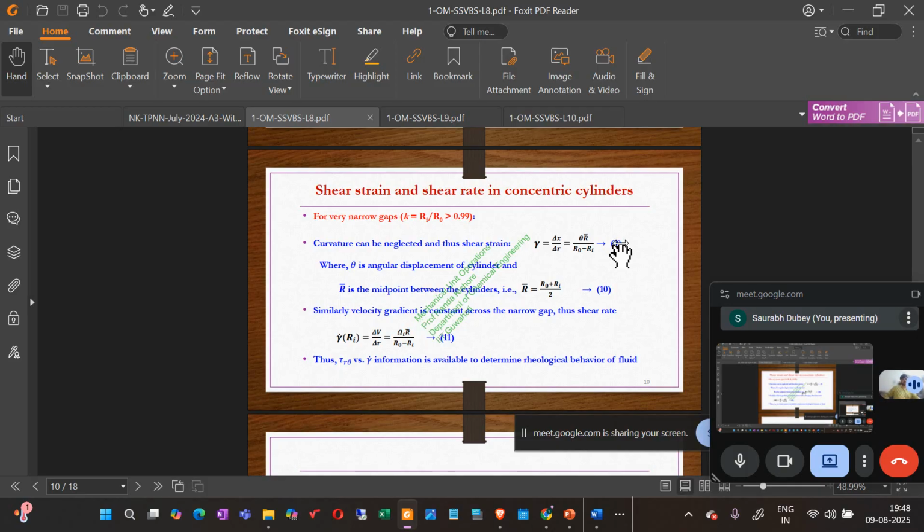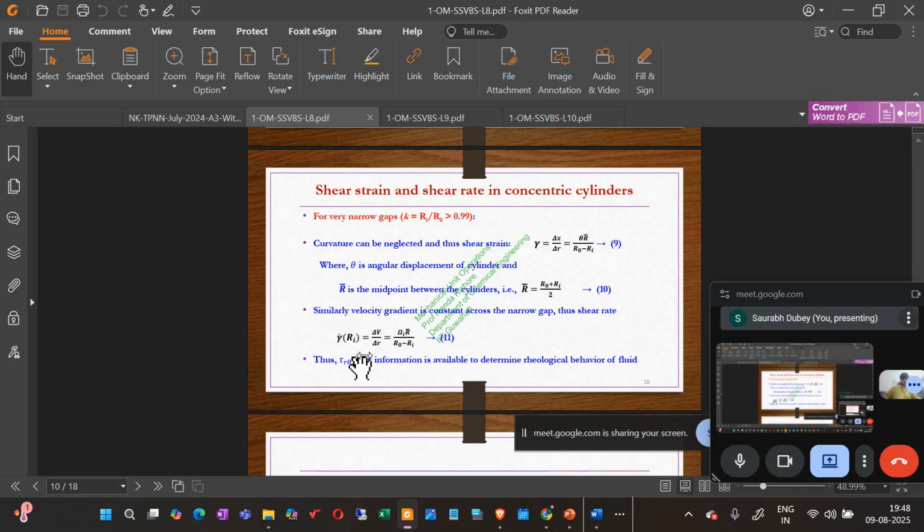So this was theta times, and this is omega times, right? So now you can calculate tau r theta versus gamma dot information, and this is available to determine the rheological behavior.